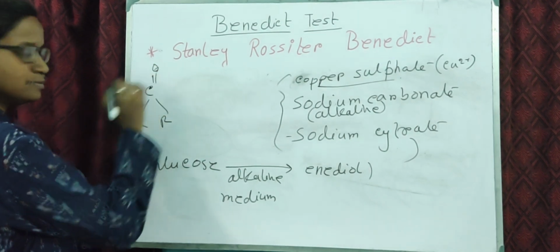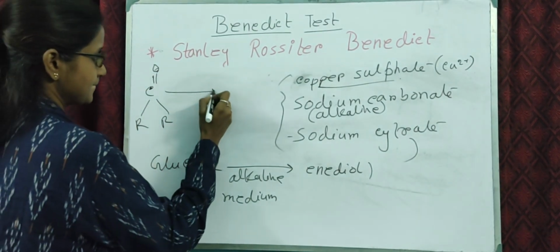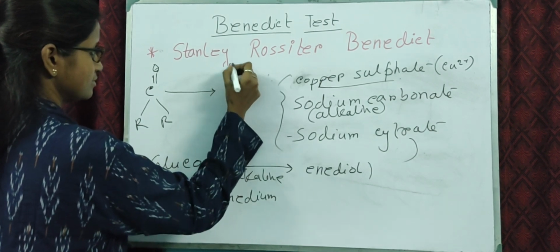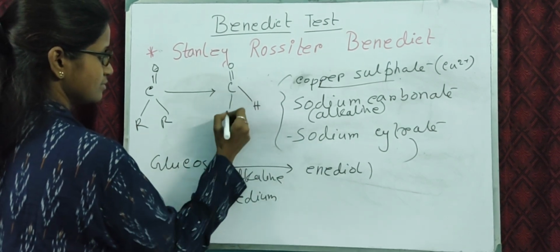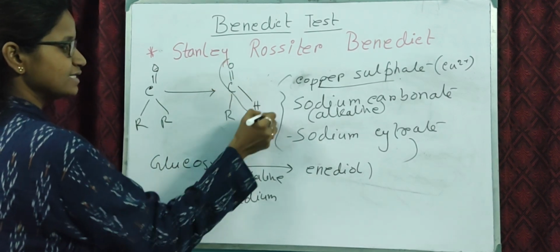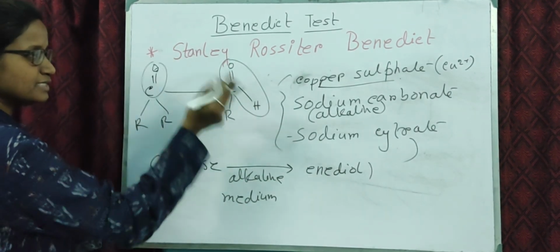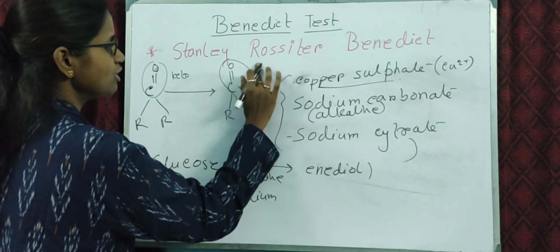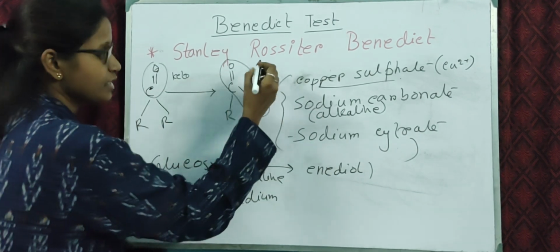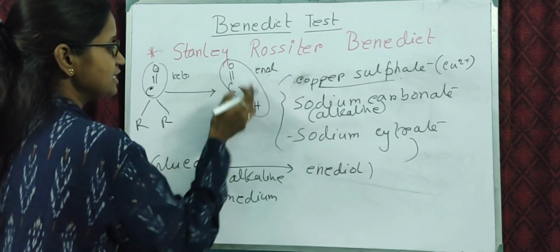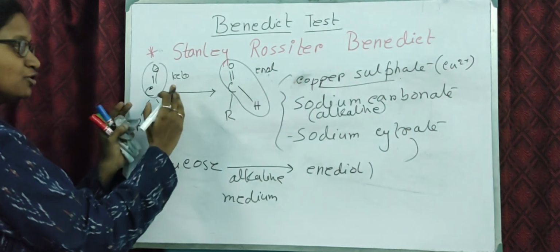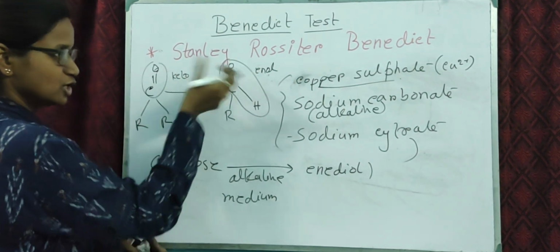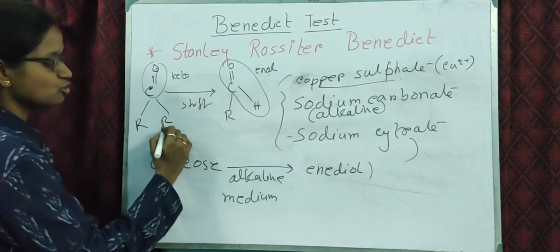This is a keto group, and this is an aldehyde. If there is an enol group, then I would call it an enol. So the keto form shifts to the enol form. That is called tautomerization.